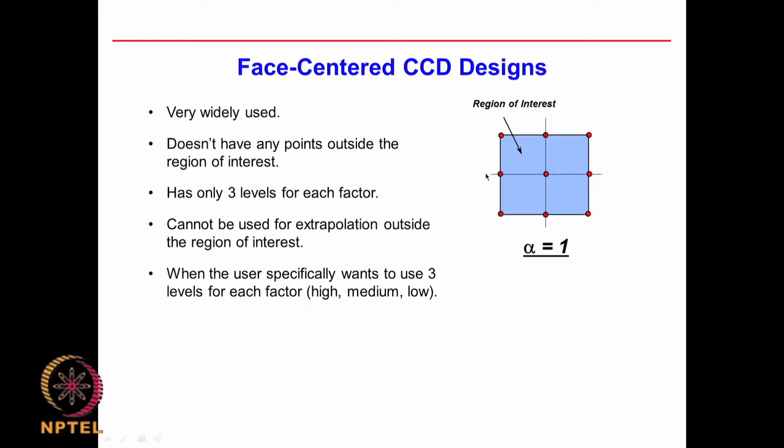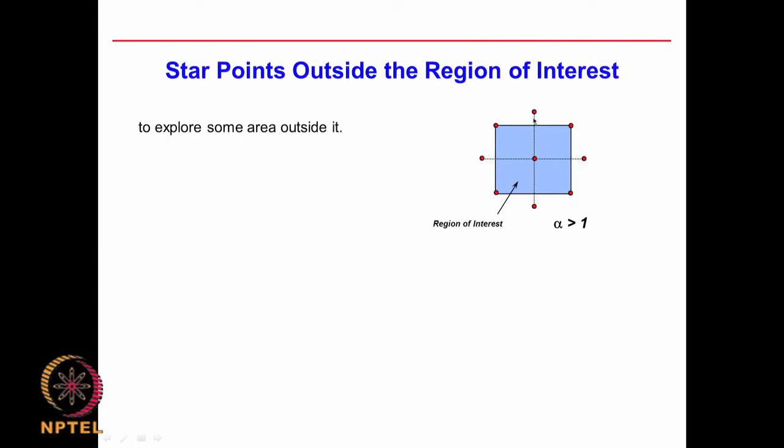So, if you extend it beyond, then you are doing at 5 levels, do not forget that. Each variable is changed from level 1, level 2, level 3, level 4, level 5.